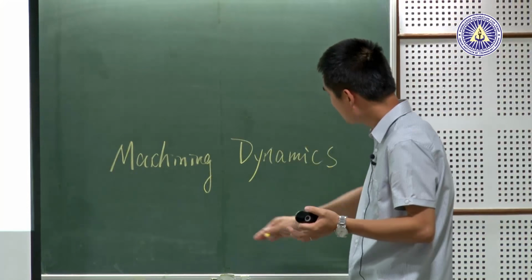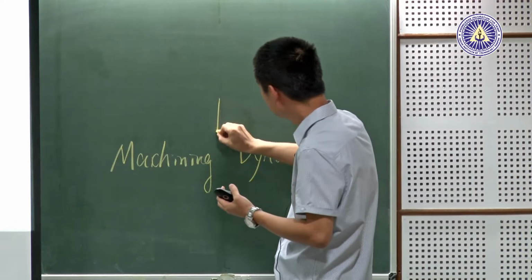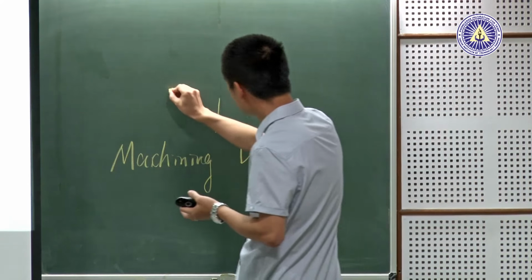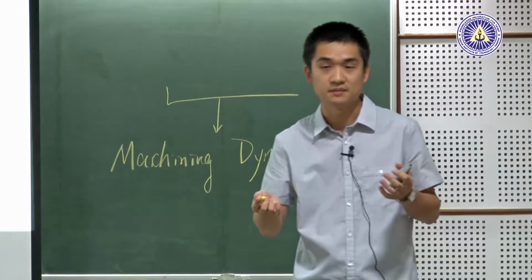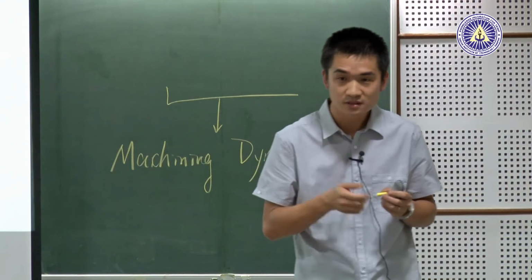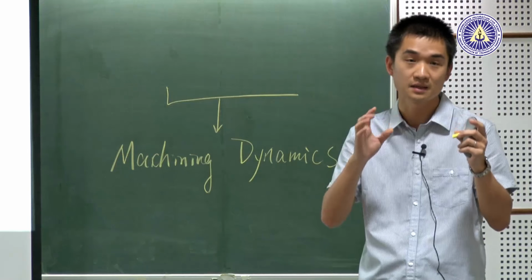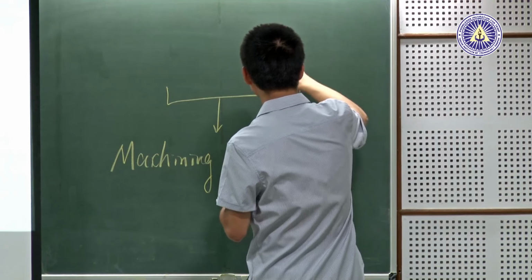So then it becomes a process dynamics. Basically there are two branches that contribute to this subject. First, process dynamics is different from structural dynamics, right? Yesterday everyone did this modal testing, so this follows the structural dynamics area, and it contributes to one branch.